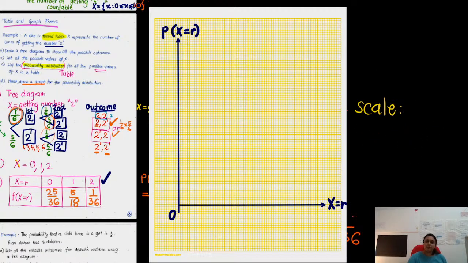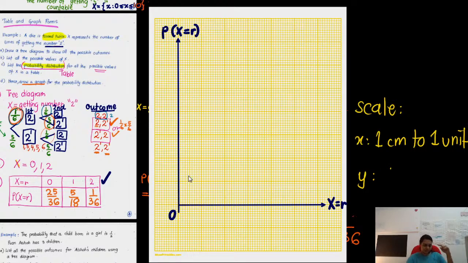This is for the x-axis. For the y-axis, 0.2, 0.4, 0.6. 2 cm to 0.2 units.